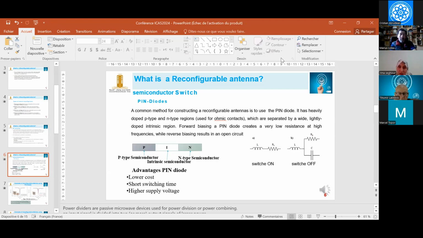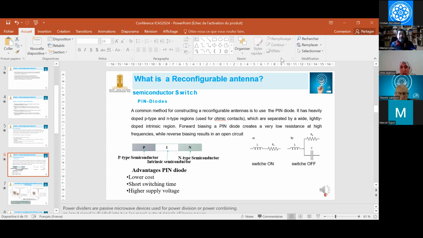In this slide, we show the pin diode. It has heavily doped P-type and N-type regions. We use this element to create a reconfigurable antenna. The advantages of pin diode are a lower cost, a short switching time, and a high safety voltage.